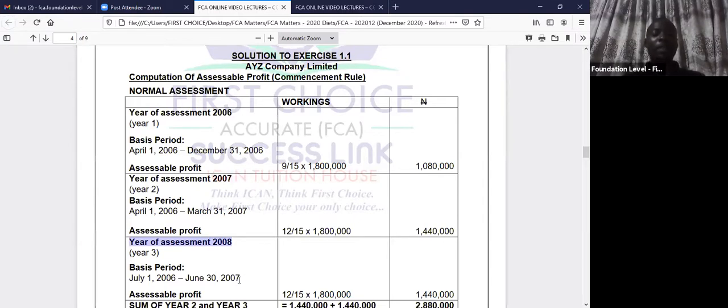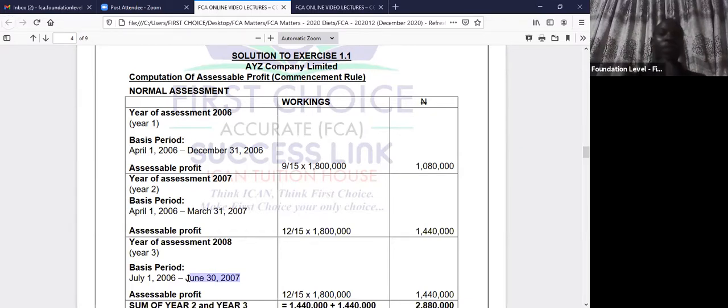So if you look at it now, what is most important is your ending date. In year 1 and year 2, your beginning date was the base, which you use in calculating. But in year 3, it is the ending date that will now be the major thing. So when you stand here, what do you want to achieve?